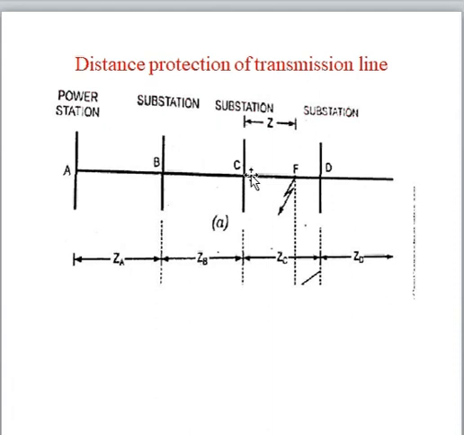If it does not operate, then after waiting for some time, the next relay will operate. The remaining two sections are inactive. First this relay has to operate, and this is the zone protection.